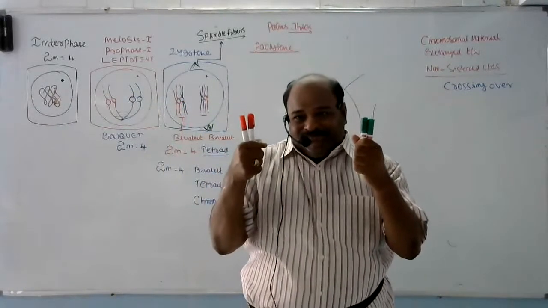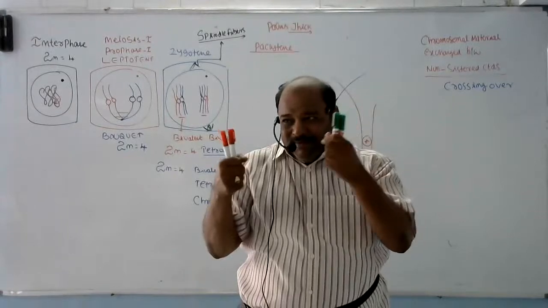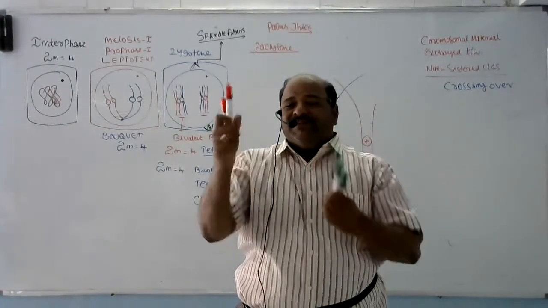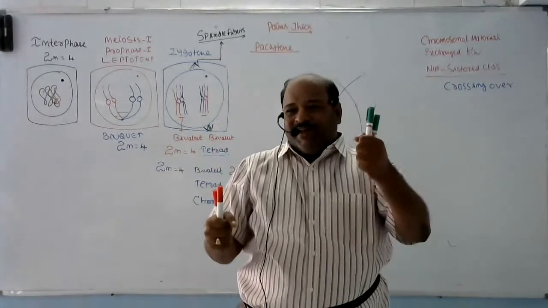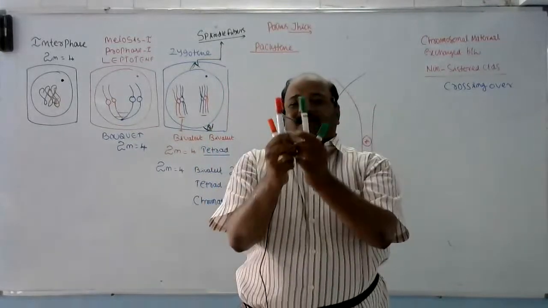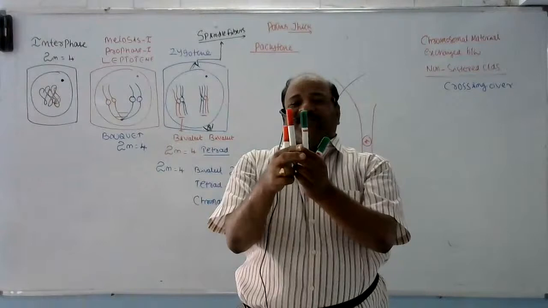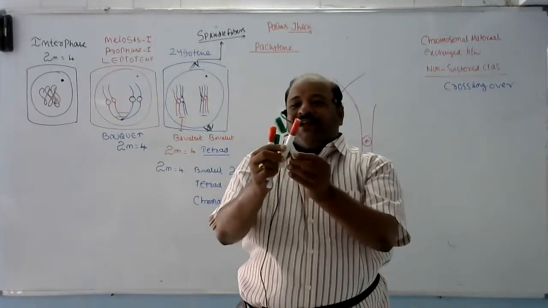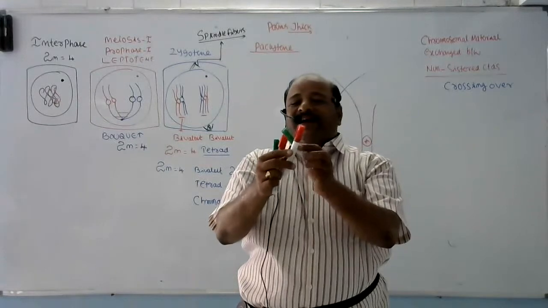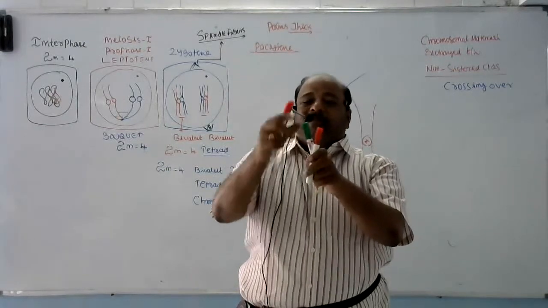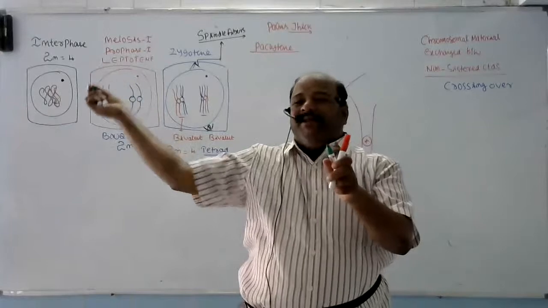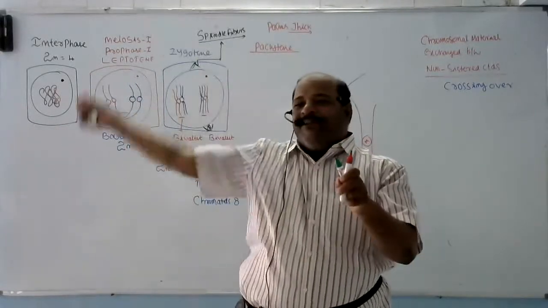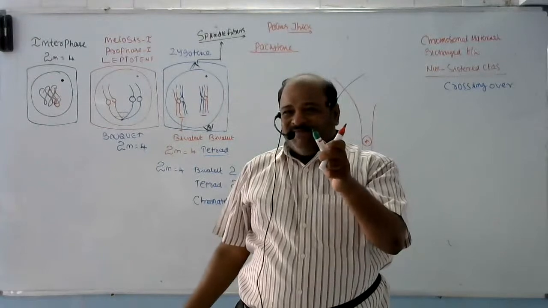Homologous paternal, homologous maternal. Okay. These two are sister chromatids. Now these are non-sister chromatids. These two are crossed. When they are crossed, a portion of the maternal chromosome is cut, and a portion of the paternal chromosome is cut.